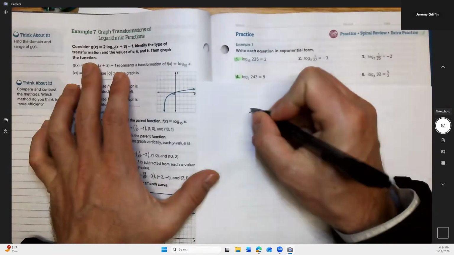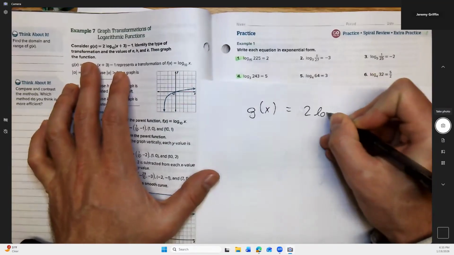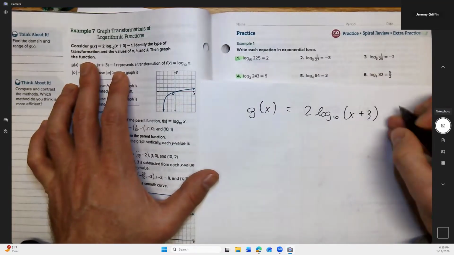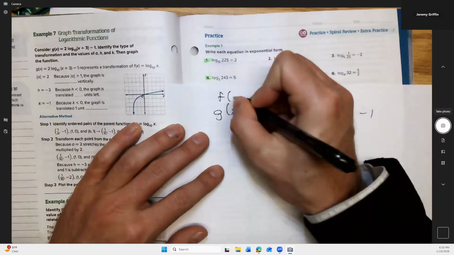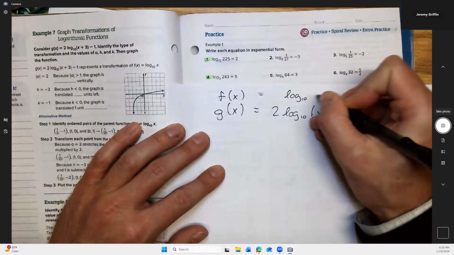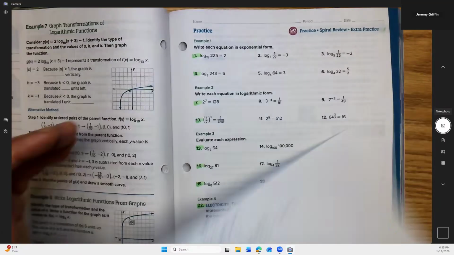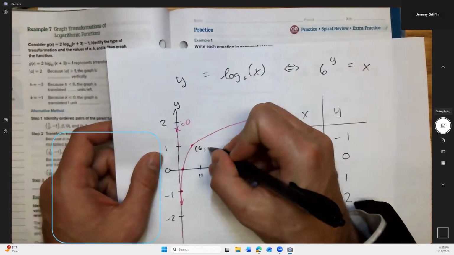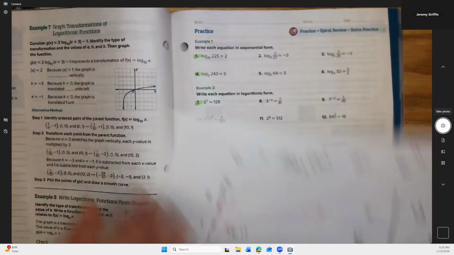So if you have g of x equals 2 log base 10 of x plus 3, and then the whole thing minus 1. Well, what if the parent function, I'll call f of x, was just plain log base 10 of x? So real basic graph, right? Kind of what we just did for log base 6, except instead of this point being 6 comma 1, it would be 10 comma 1 for log base 10.